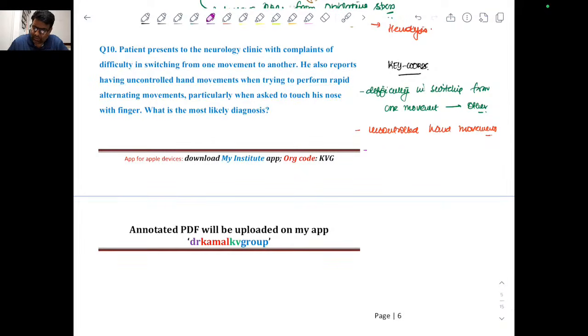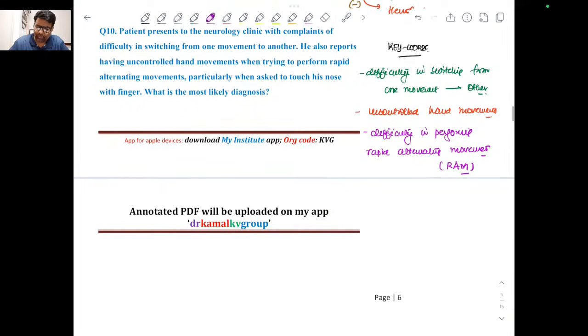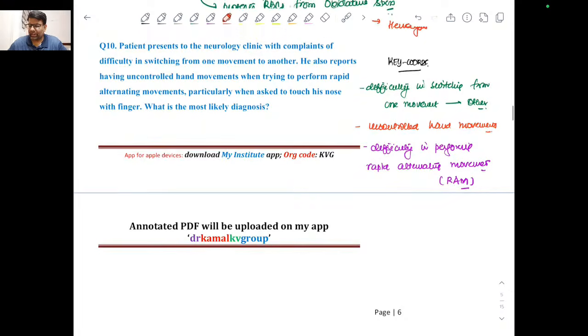And third is difficulty in performing rapid alternating movements, especially when asked to touch his nose with finger. Now, what is the most likely diagnosis here?